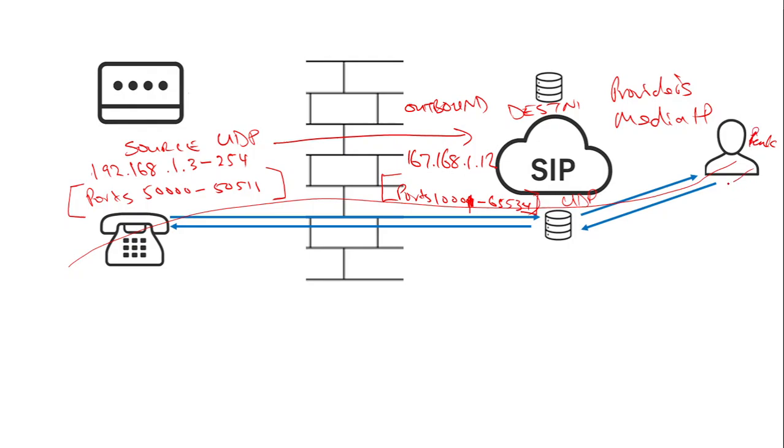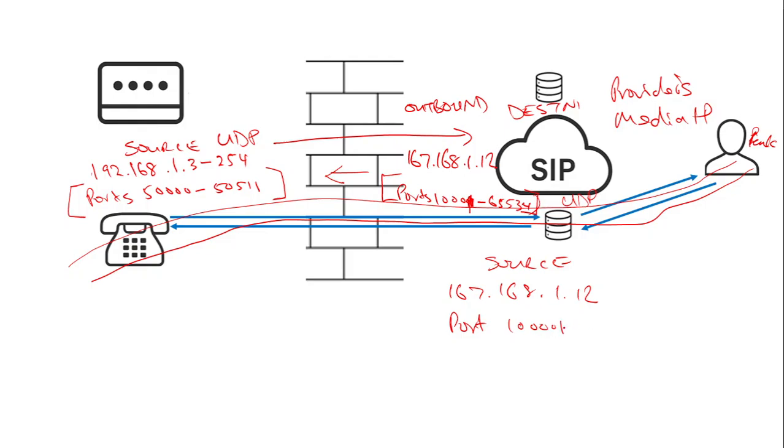So when the banker replies, we are supposed to allow the reverse. It should be true on the firewall. We should be able to allow now traffic coming into our network with source IP 167.168.1.12 on any port from this range to 65534.